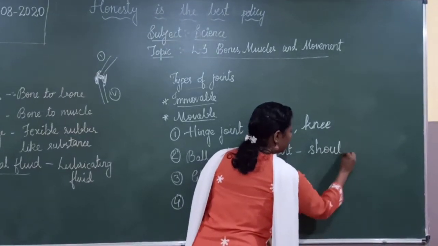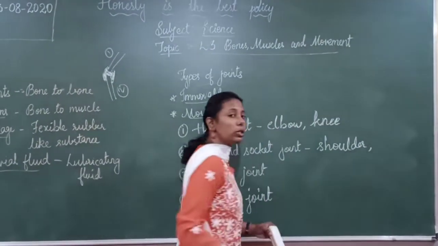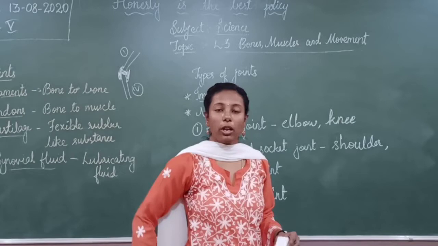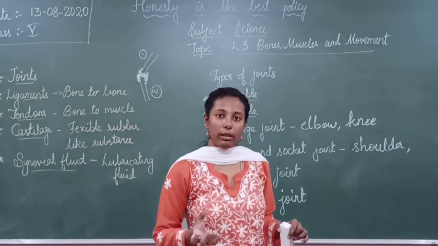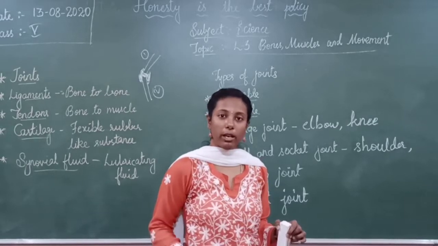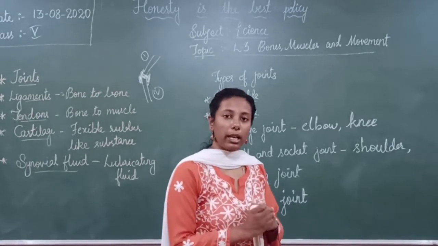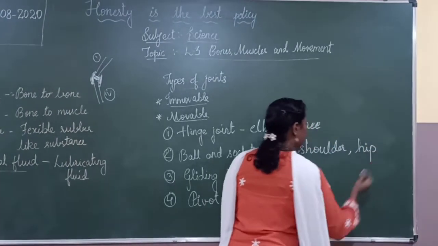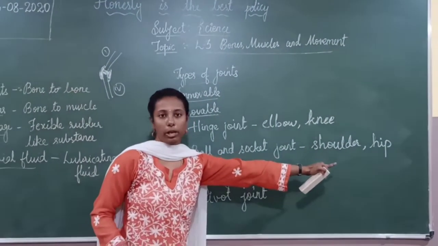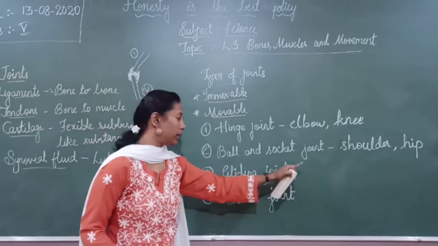Shoulder. Then also your hip part. Your thigh bone is attached to the pelvic girdle, where it is acting as a socket. So we'll write your hip. So in the shoulder and hip region you find ball and socket joint.